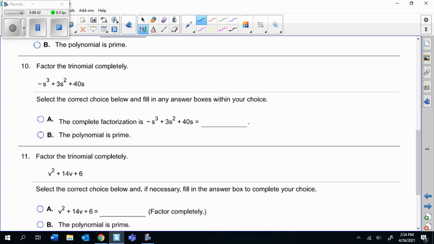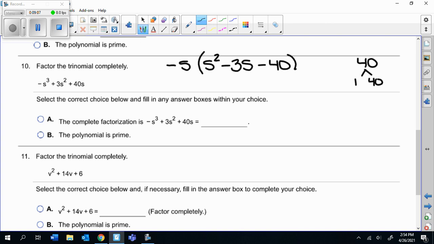Number 10. I see that I have s's in all 3 terms, and I start with a negative. So negative s, parentheses, s squared minus, that's going to change that sign, minus 3s minus 40. Factors of 40 that make negative 3.